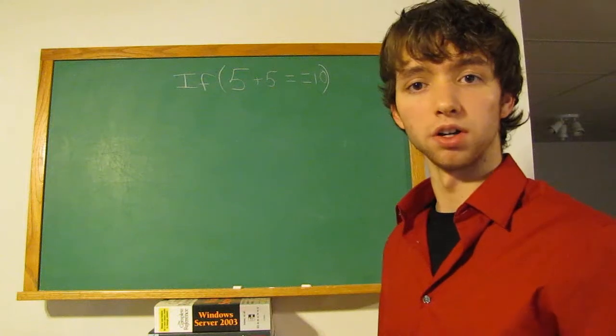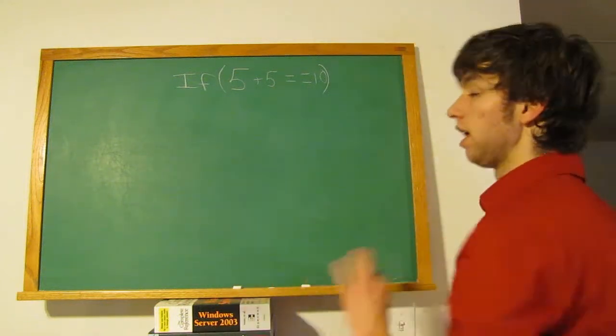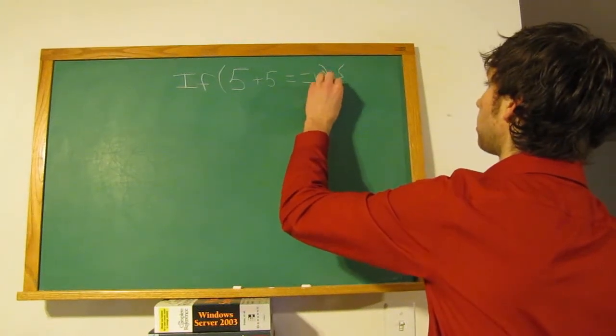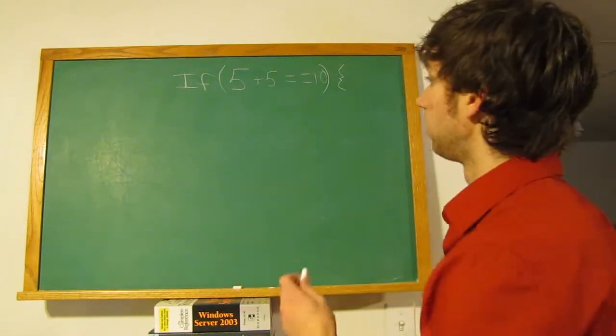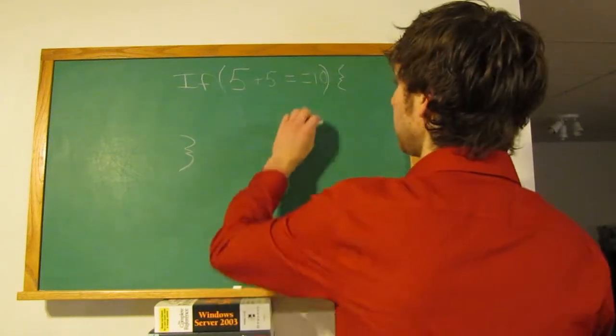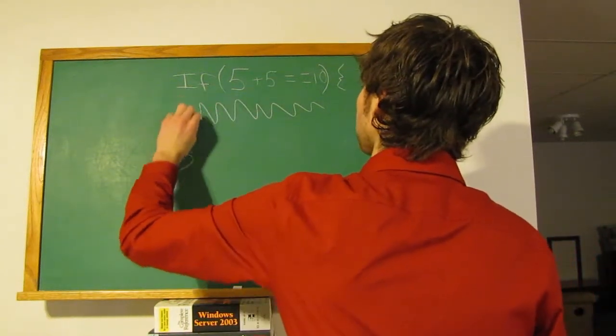And that will run true. Then we place curly braces, like that, and then we close the curly brace, like this. And we can place our code between these curly braces.